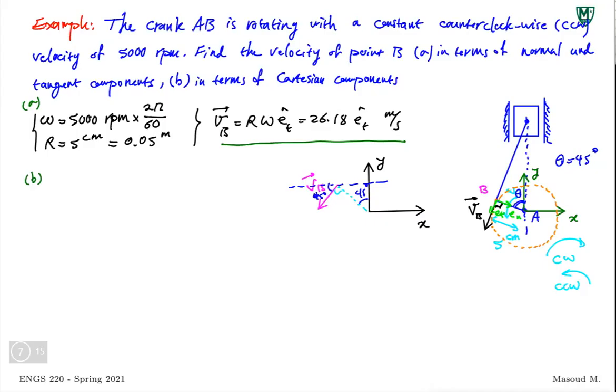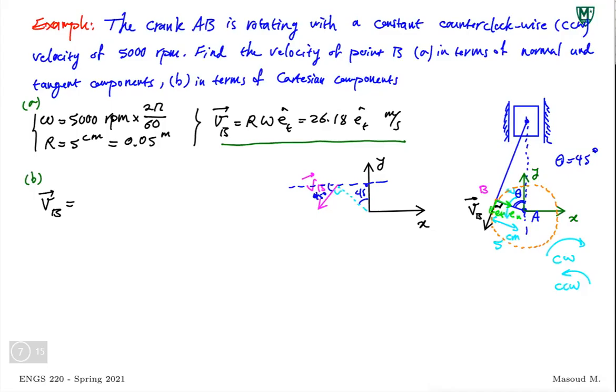All right, so how do I decompose that? How do I find VB in Cartesian coordinate system? I know VB is there. VB creates a 45-degree angle with the horizontal axis, or x-axis. You can think about an axis parallel to the x-axis.